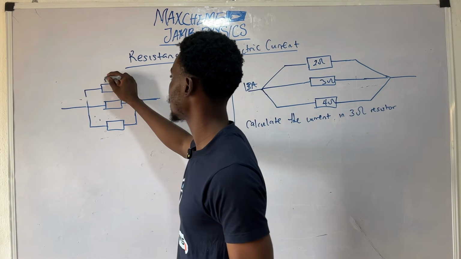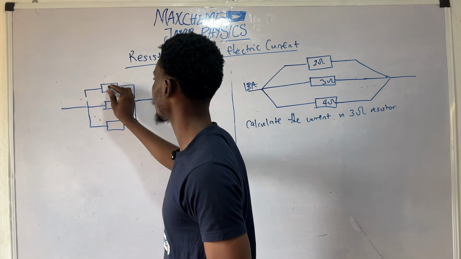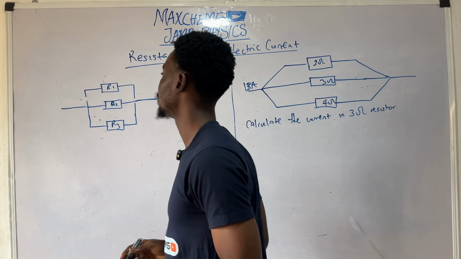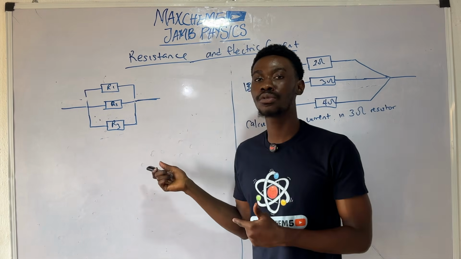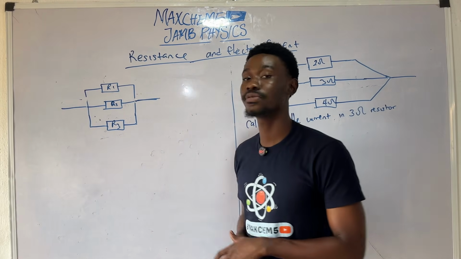So I can call this R1, R2, let me write this in the boxes, R1, R2, and R3. So this is an example of a circuit in parallel configuration.